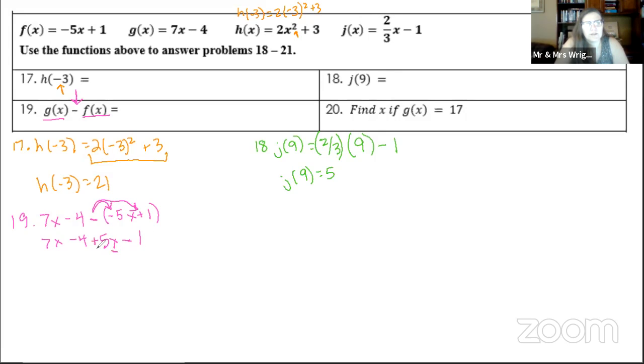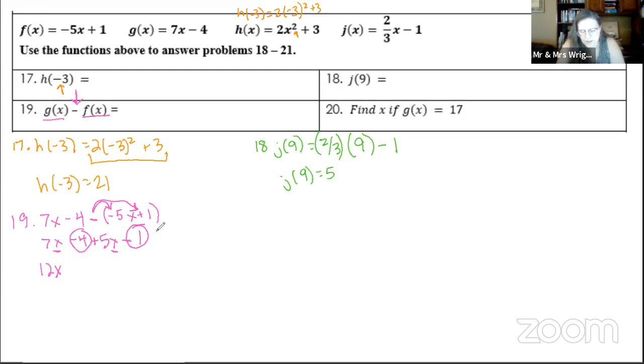So we need to combine our like terms here of x. And then a positive 7 and a positive 5. 7 plus 5 is 12, 12x. And then we need to combine our constants here, a negative 4 and a negative 1. So I'm going to put negative 4 plus negative 1. And I typed that wrong.